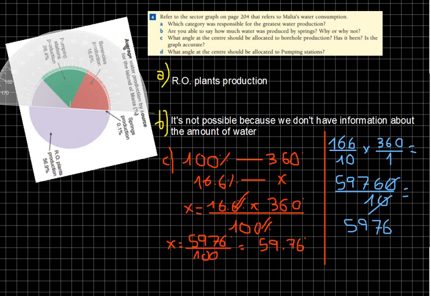We can measure the angle, and as we can see, the angle right here is not 59.76 degrees. In fact, it's 68.5 degrees. What does that mean? Well, it means that this graph is completely wrong, or at least the part of the borehole's production.